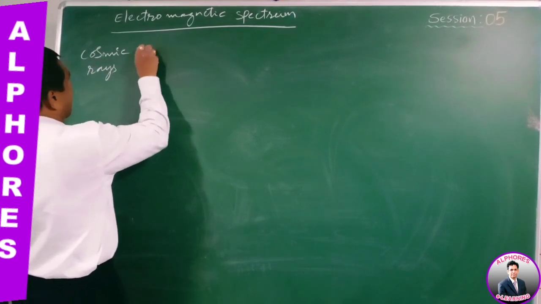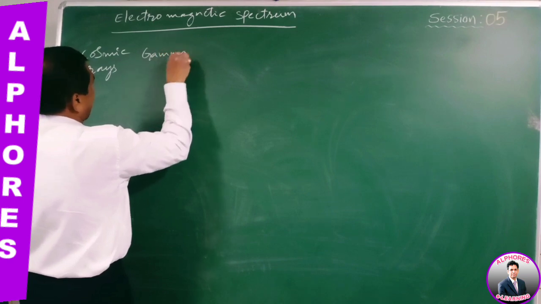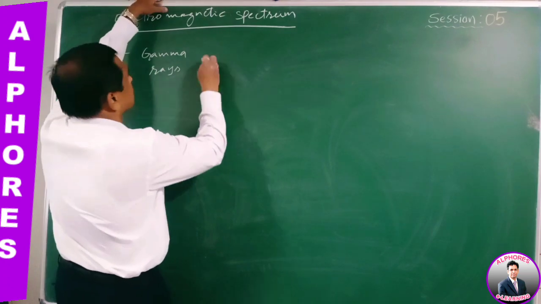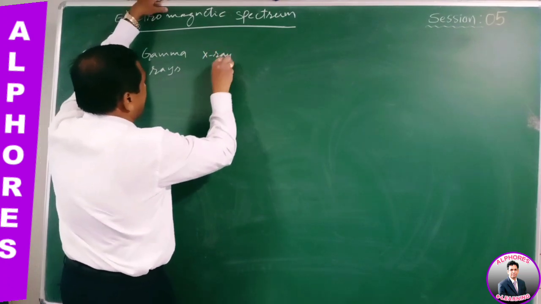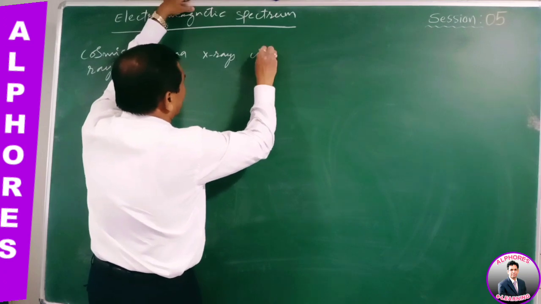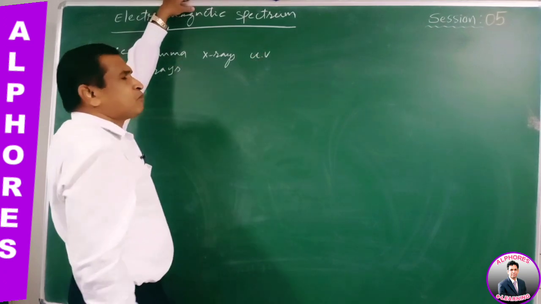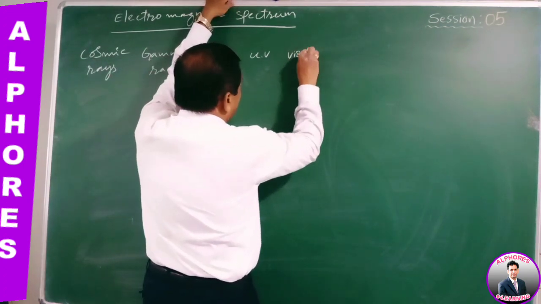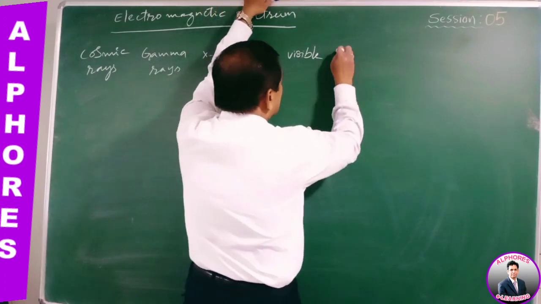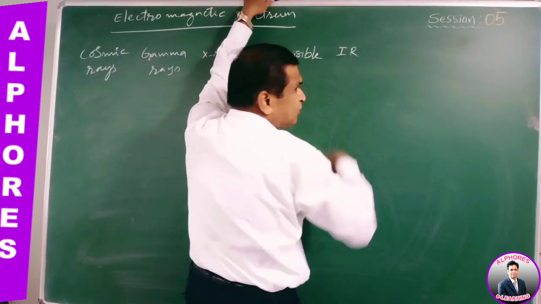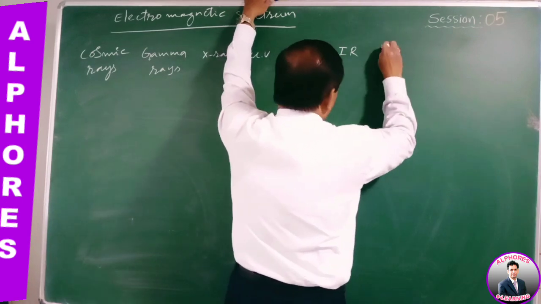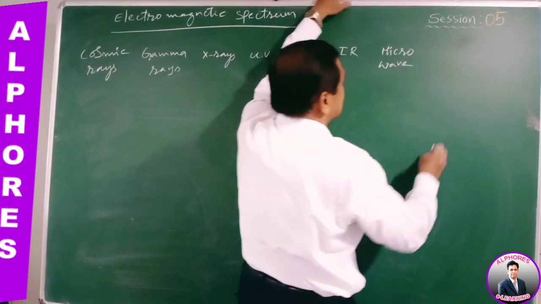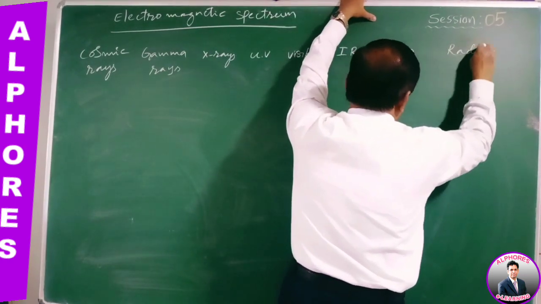Cosmic rays, gamma rays, X-rays, UV rays, ultraviolet radiations, then visible light, and then infrared radiations, and then microwaves, and the last is radio waves.